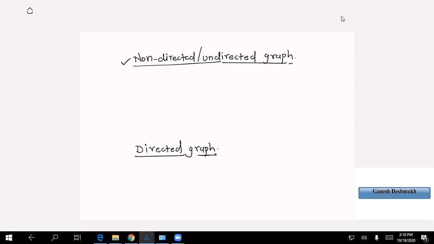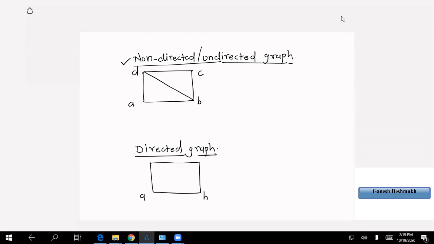Suppose I draw a graph on four vertices A, B, C and D, and suppose there is one more edge between B and D. For the directed graph, I can take an example of four vertices again, A, B, C and D, and also there is an edge between B and D. Now what is the difference between a non-directed graph and a directed graph?